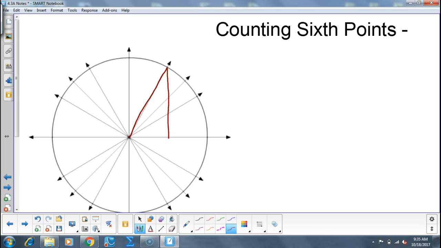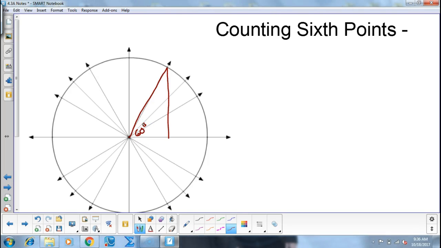With that one, this is now a 60-degree angle, which makes this a 30. Oops, that's a bad 3. That's not going to work. I got to go smaller than that. There we go.